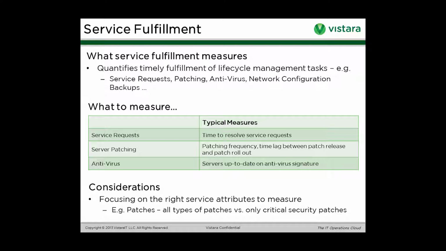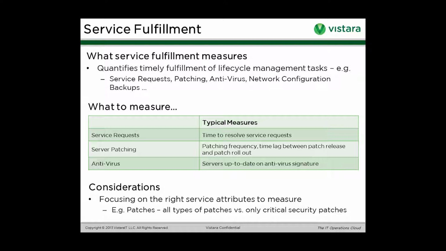Service fulfillment captures more the idea of, are you delivering for your lines of business the services that you promised them? Particularly if you've got service requests, if you have a service catalog in place where users can come and request new virtual machines or new kinds of resources or change requests, are you fulfilling those requests in a timely manner?